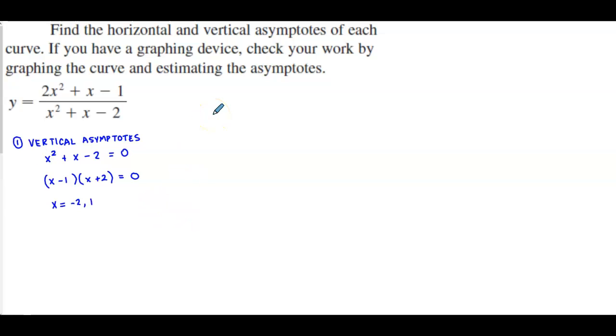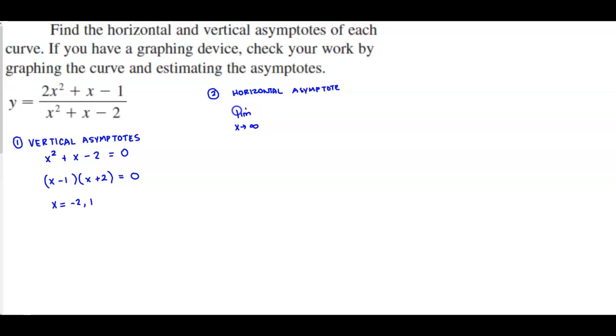So now we want to find the horizontal asymptote. If we want to find the horizontal asymptote, we want to find the limit of this function as x approaches infinity.